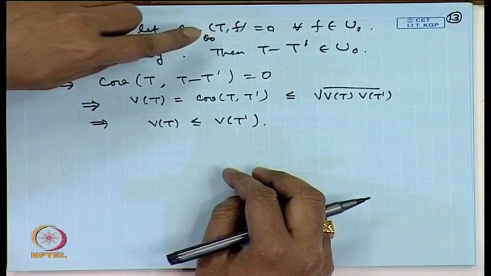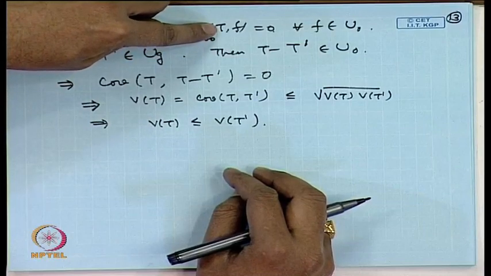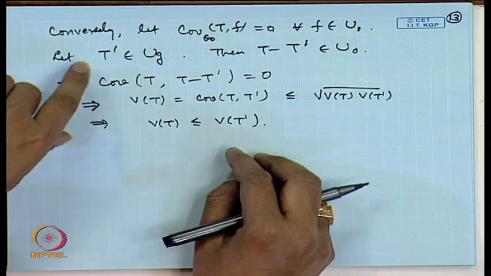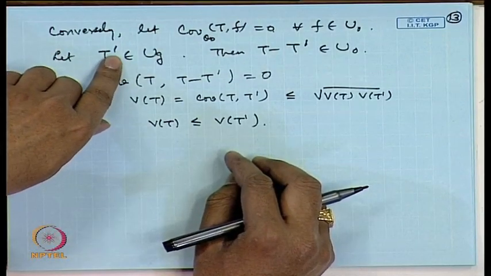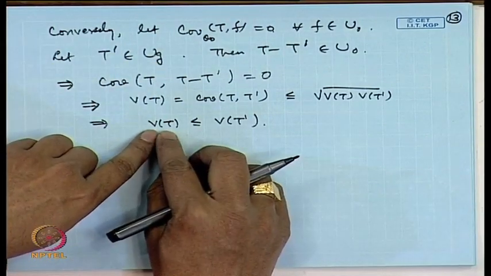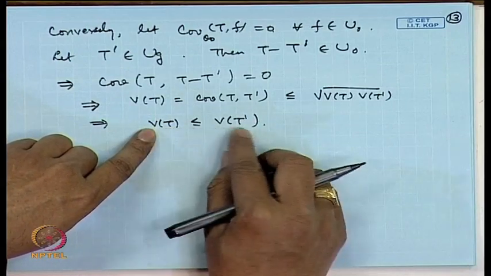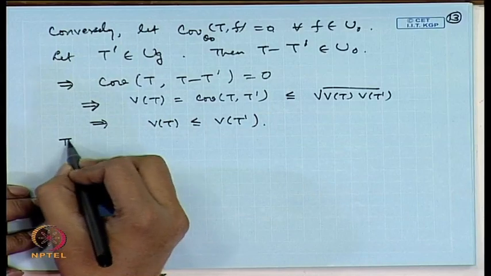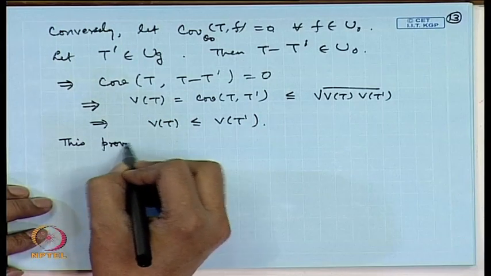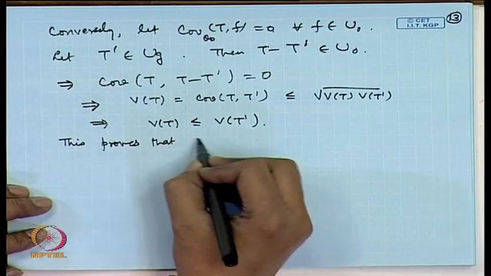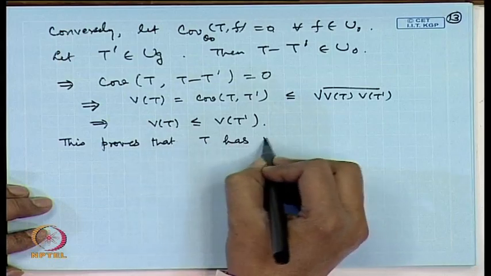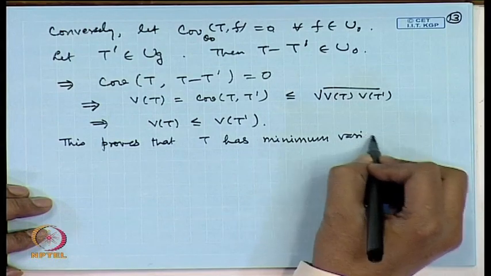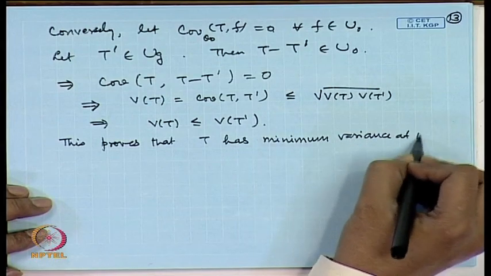So, if I am taking covariance of T to be 0 with every unbiased estimator of 0, and I am taking another unbiased estimator T prime of g theta, then I am getting that the variance of T is less than or equal to variance of T prime. This proves that T has minimum variance at theta naught.